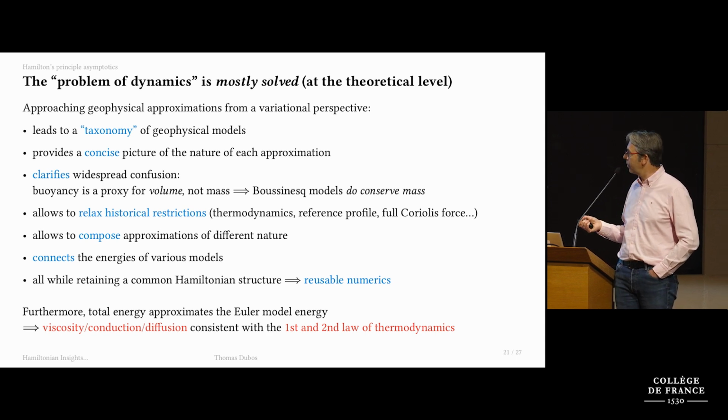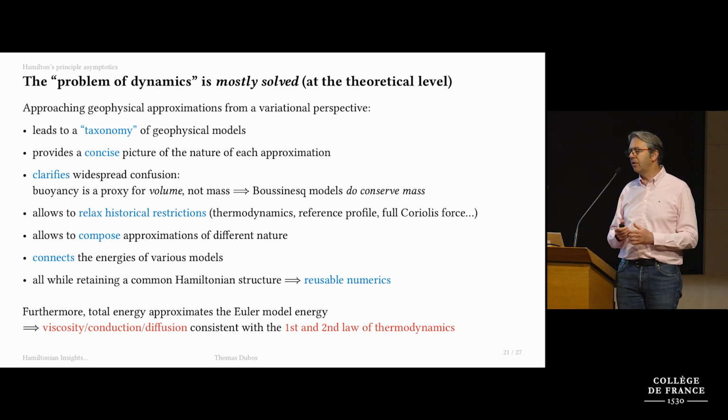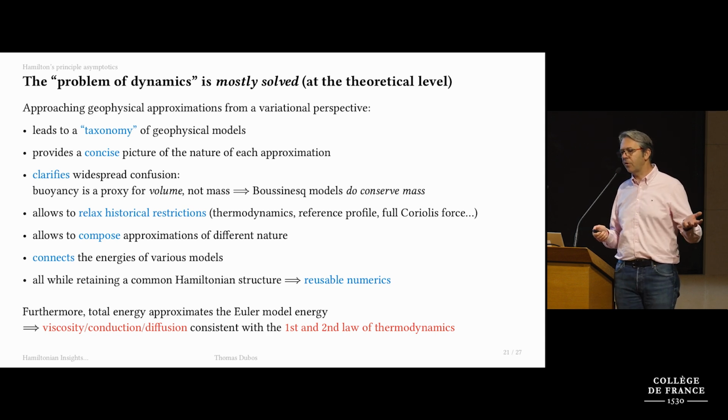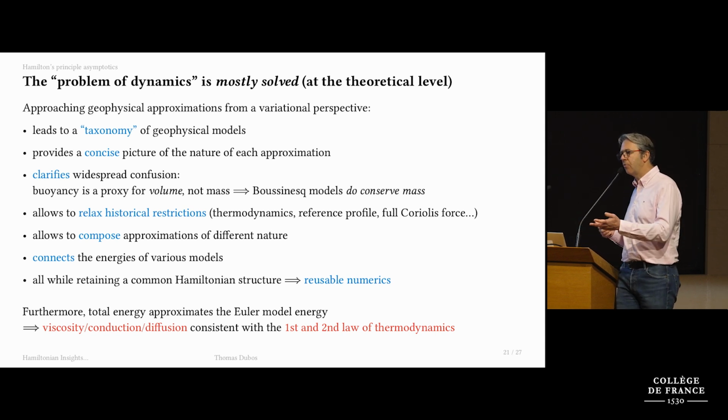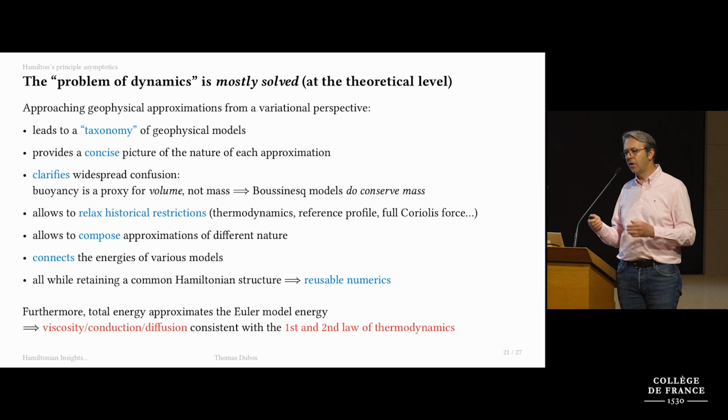So for instance, you can have an inelastic model for arbitrary thermodynamics, including, say, moist air. You can have an arbitrary reference profile, and so on. And this is also because you can compose approximations, so you can decide, okay, I will do that approximation for the geometry, and I will do the inelastic approximation on the other hand, and the hydrostatic approximation on the other hand, and they can all be combined together.